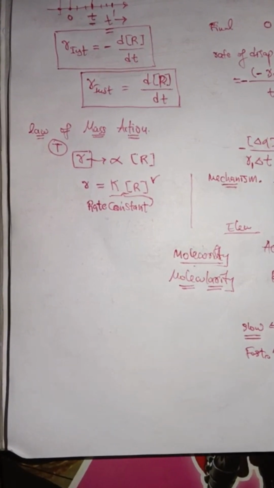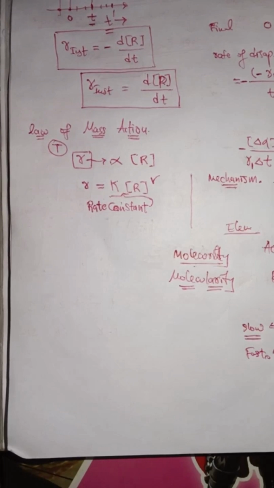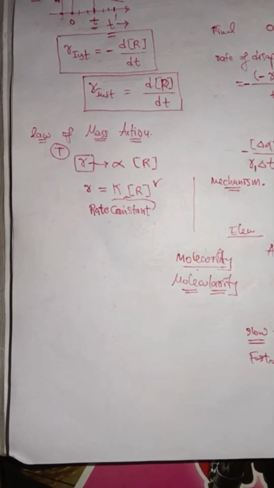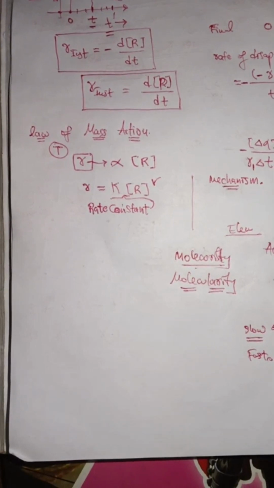The rate also has other factors that influence it, such as temperature. It is roughly said that for most chemical reactions, as the temperature increases by 10 degrees Celsius, the rate of reaction doubles.